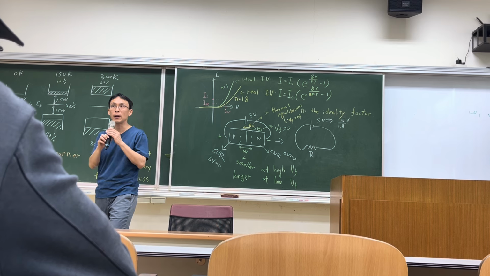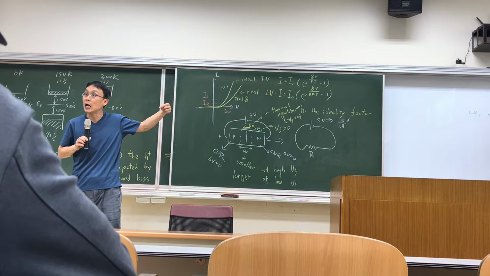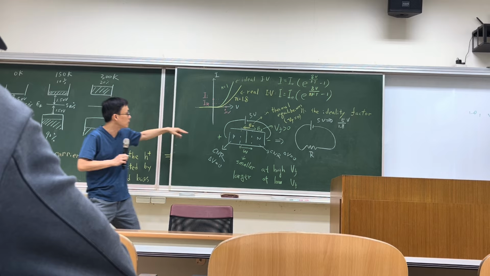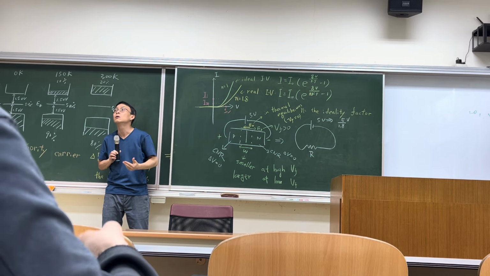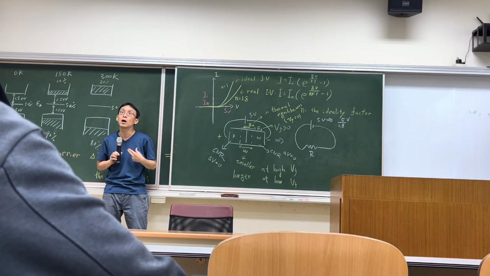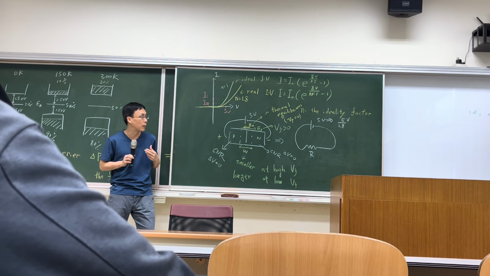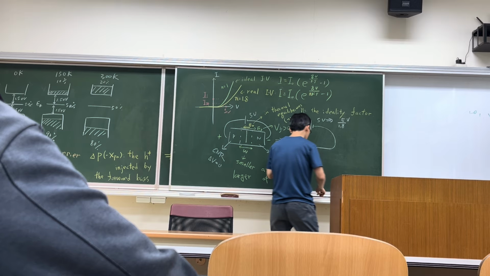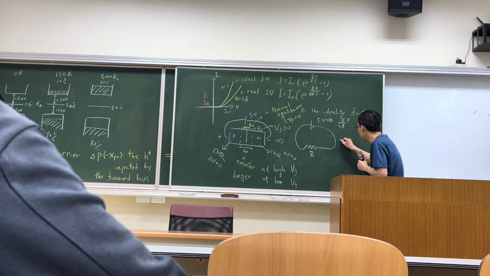So if your bias is very high, which means you are injecting high current density through the junction, when your current is very high, you will have a finite voltage drop outside the depletion region. So the equivalent circuit will become like this.